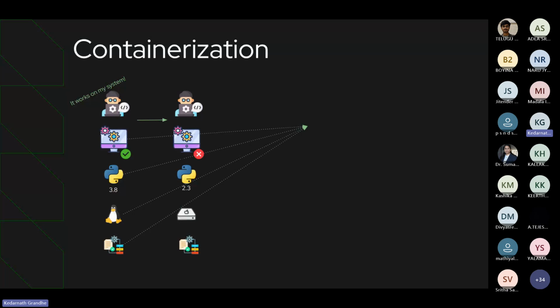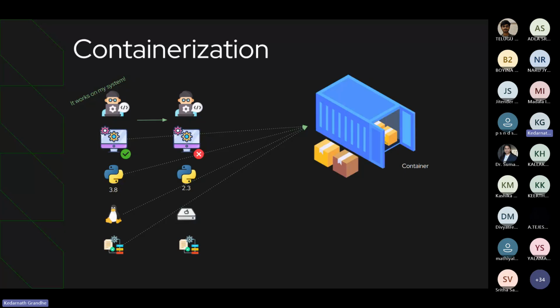So what containerization does is it will take the versions of the libraries, the OS on which the application needs to run, the configurations, dependencies, everything, and put it into a box.